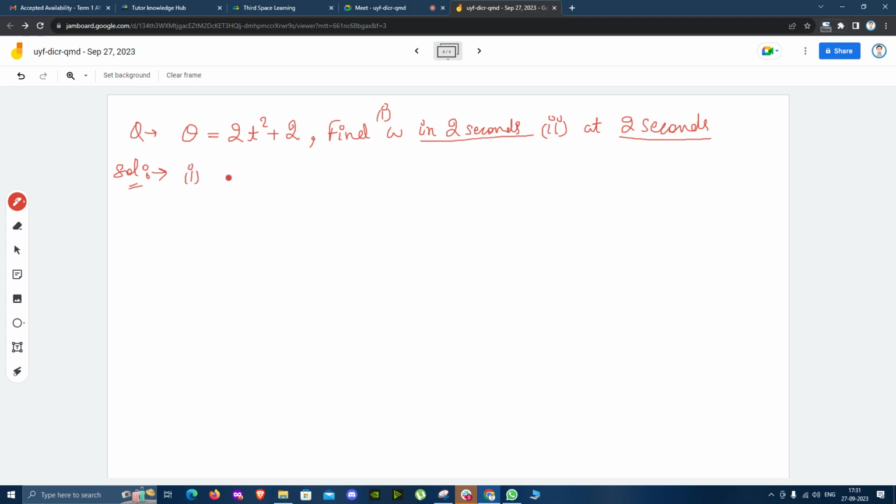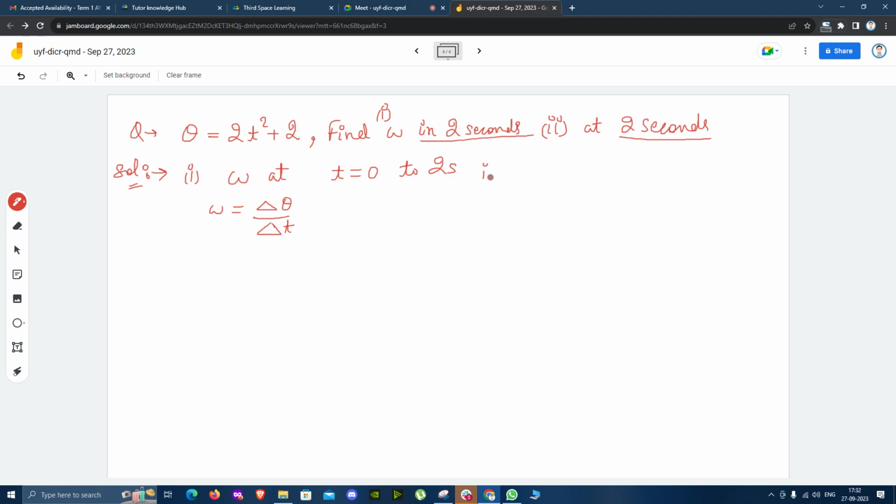Okay, so the first part is how we find the angular velocity in 2 seconds. We know omega is equal to the change in the angular displacement divided by the time taken. So we have to use omega equals delta theta by delta t. But for that, we need to find omega from time 0 to 2 seconds.